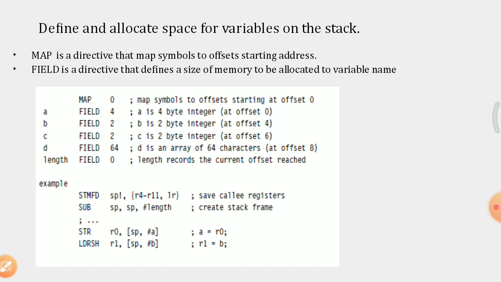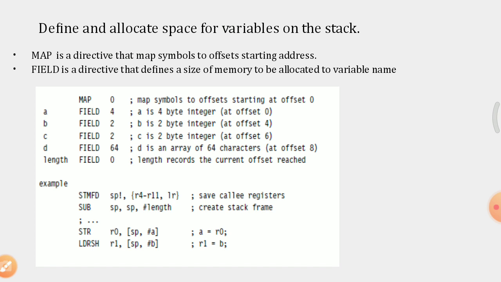Then the starting addresses of those variables are going to be set by the MAP directive. So here MAP maps a symbol to the offset starting address. Then FIELD is one more directive that defines the size of memory to be allocated to a variable name.